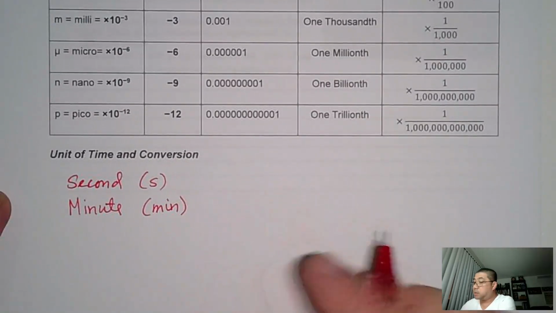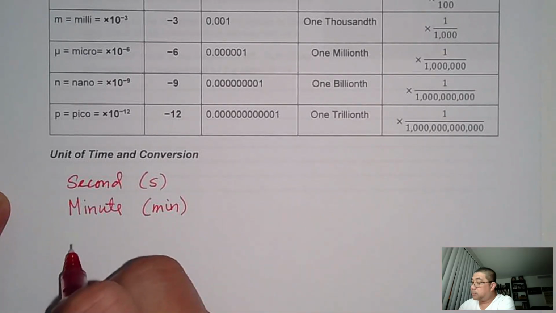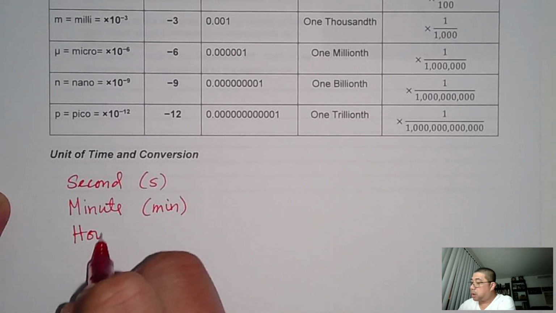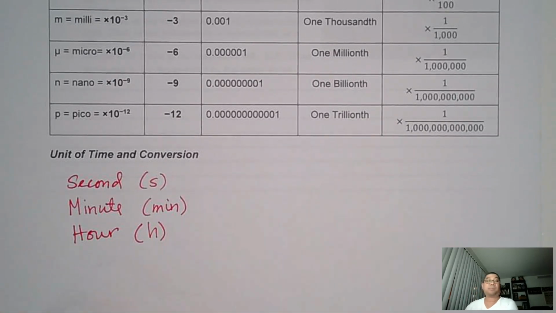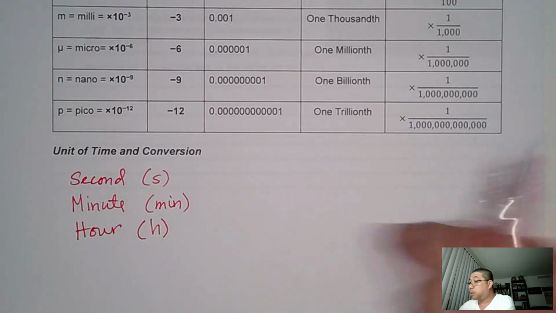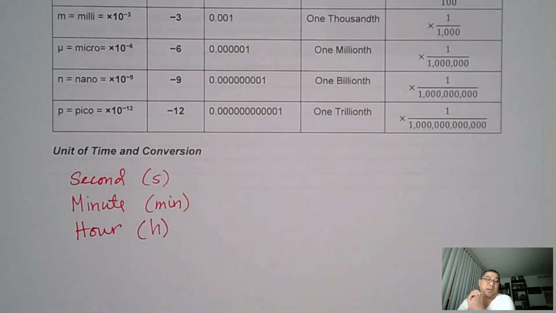And then last but not least, we have hours, and that is H. Okay, so this is what we call the metric system: S, min, H.